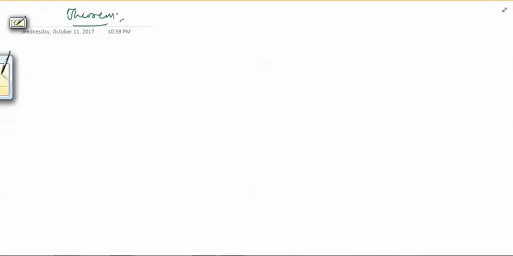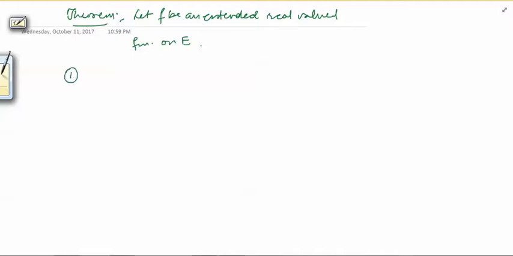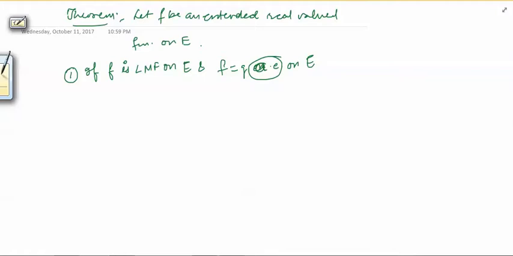Theorem says: let f be an extended real valued function on E. The first part says that if f is Lebesgue measurable on E, and f is equal to g almost everywhere on E, now you must know what almost everywhere is, we have used it many times, then g is also a Lebesgue measurable function on E.